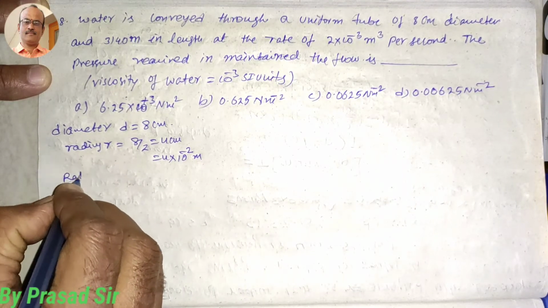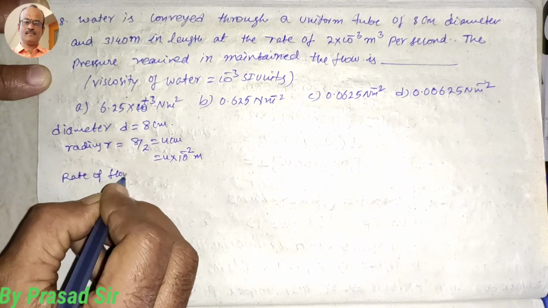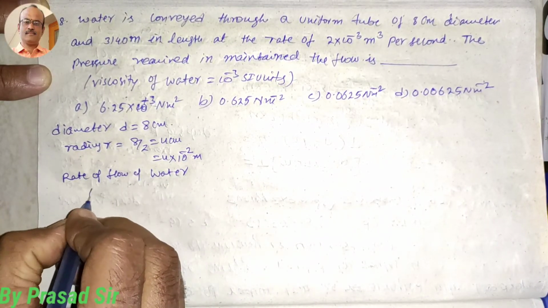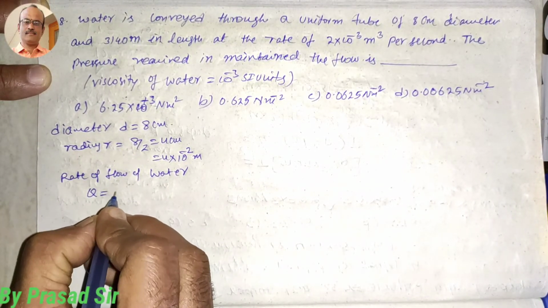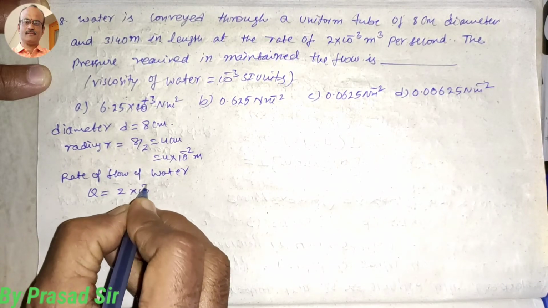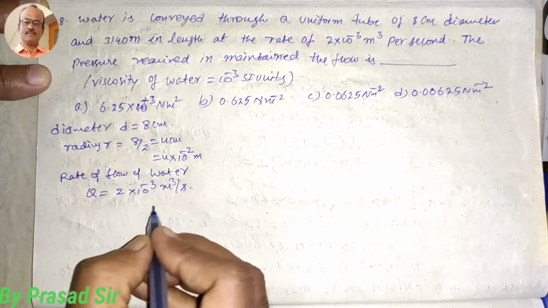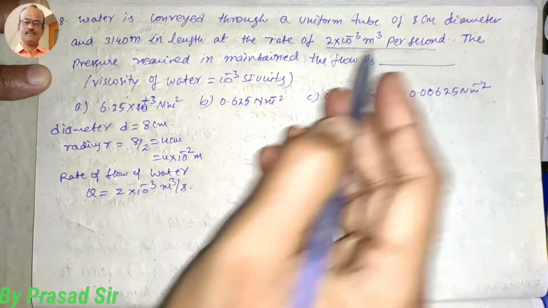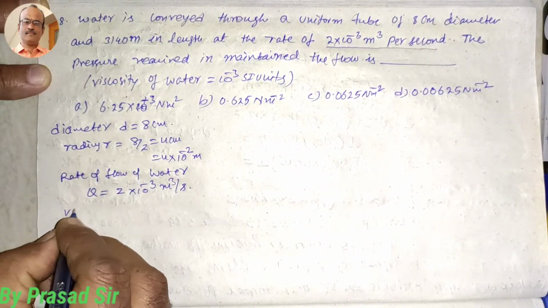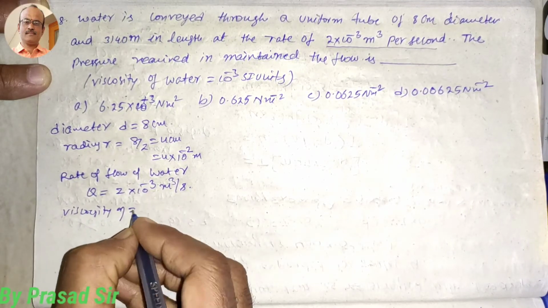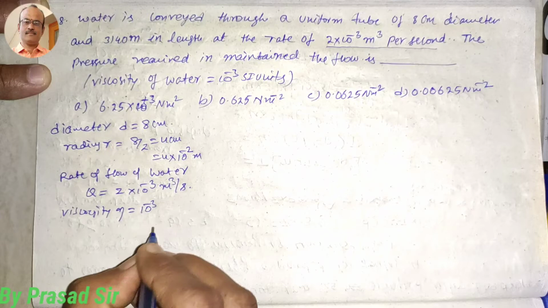They also gave the rate of flow of water, Q is equal to 2 into 10 to the power of minus 3 meter cube per second. Viscosity eta is equal to 10 to the power of minus 3.